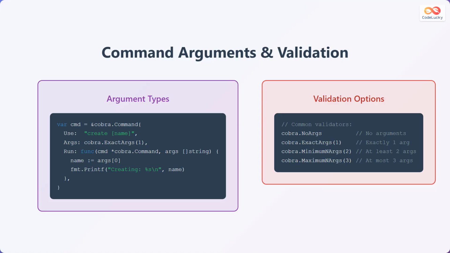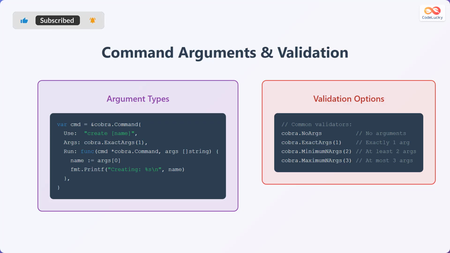Beyond flags, commands often need to accept positional arguments, and Cobra provides excellent support for argument validation. The Args field in your command definition specifies validation rules for arguments. Cobra includes several built-in validators. NoArgs ensures no arguments are provided. ExactArgs with a number requires exactly that many arguments.